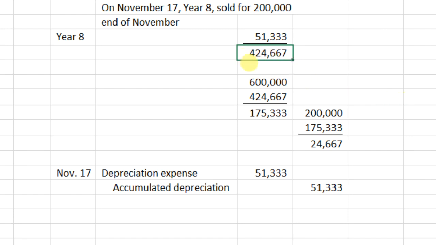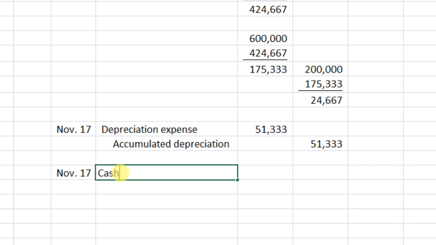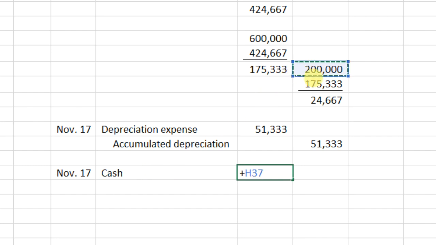So remember that is a contra account. This is a credit balance in accumulated depreciation. So now we'll simply build our journal entry to dispose of this equipment through derecognizing the equipment. So the first part is great. Let's take our money. We get $200,000 because that's what we sold it for.